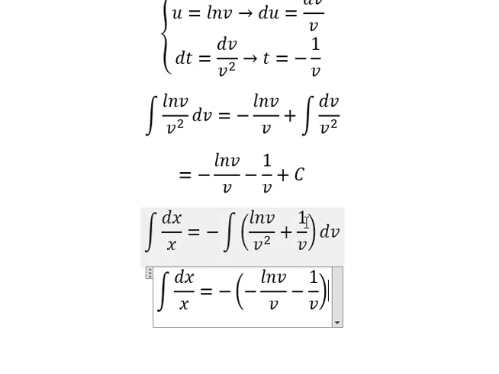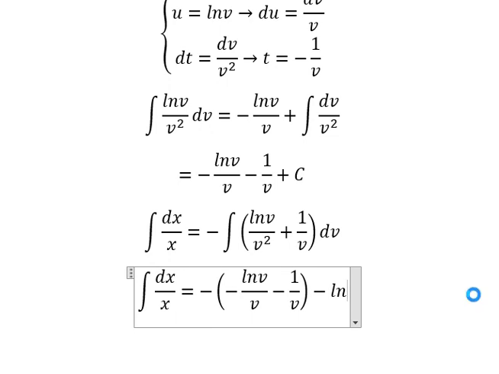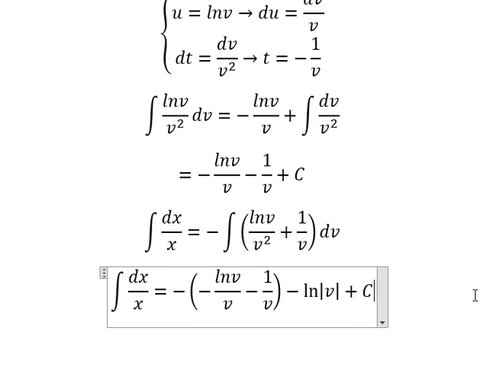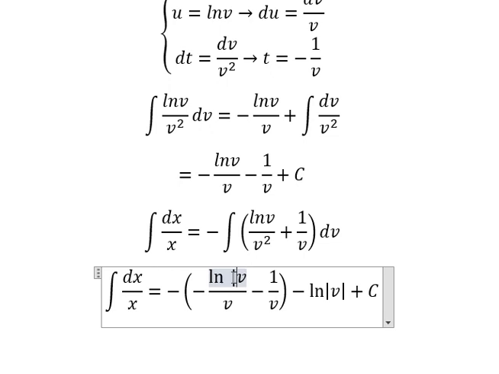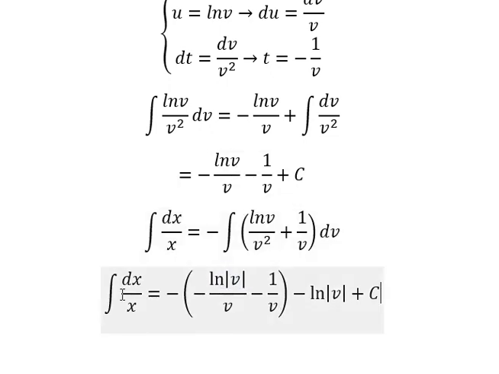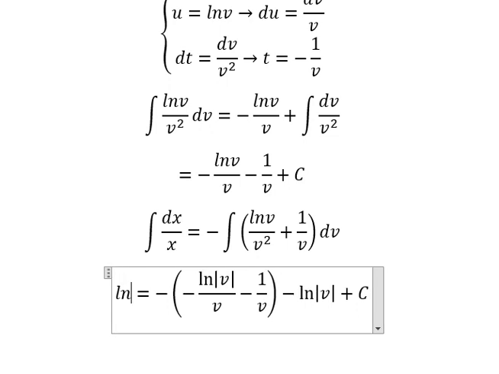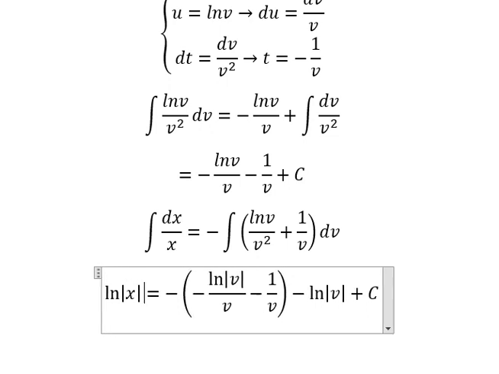The integration of 1 over v, and we have the negative sign, so we have negative ln of the absolute value of v. So we put the absolute value in here. Next, the integration of this one, we have ln of the absolute value of x.